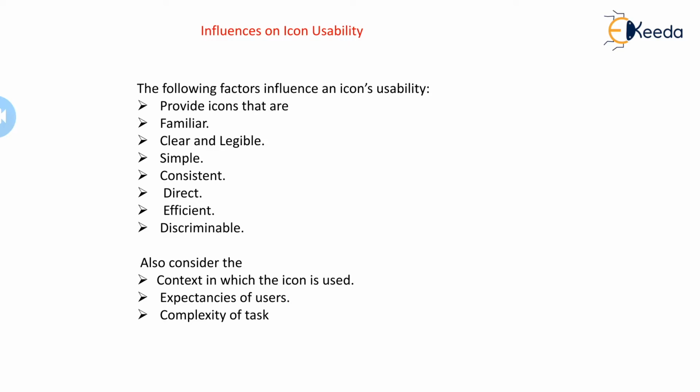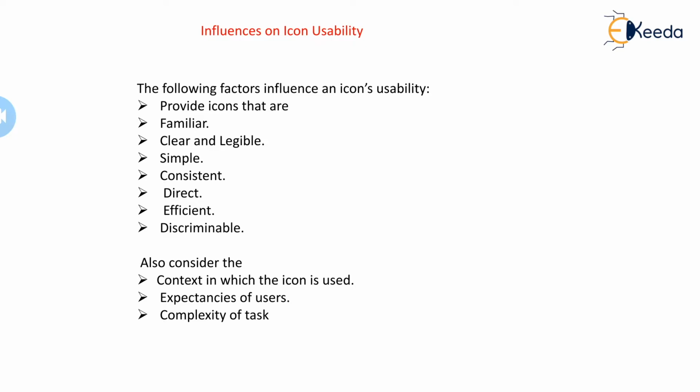Next is efficient. In such situations, a graphic screen may be less efficient, consuming more screen display than a word or requiring more physical actions by the user than text. Suppose raising an alarm or moving a mouse may be slower than simply typing. Then you have discriminable. The symbols chosen must be visually distinguishable from the other symbols.